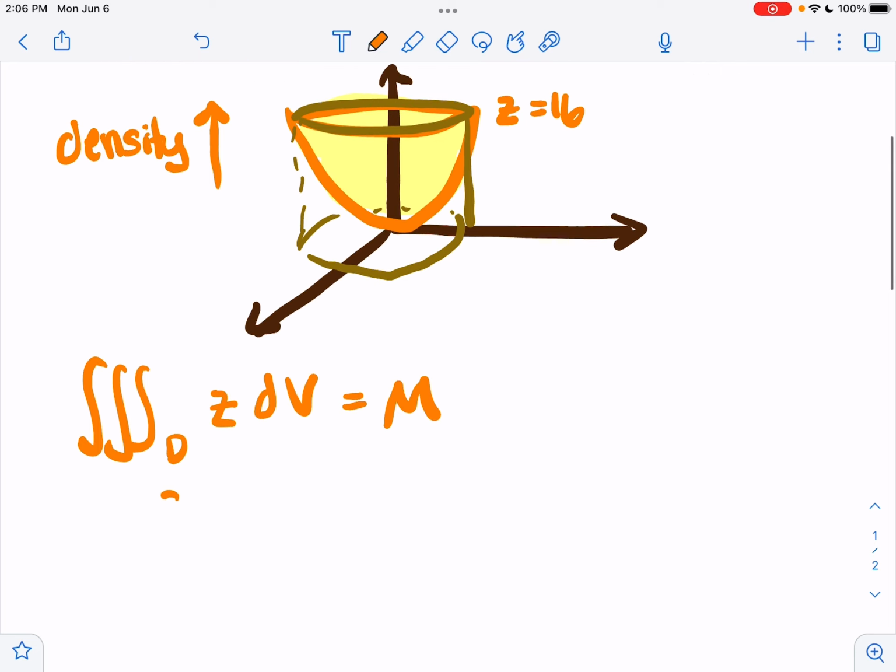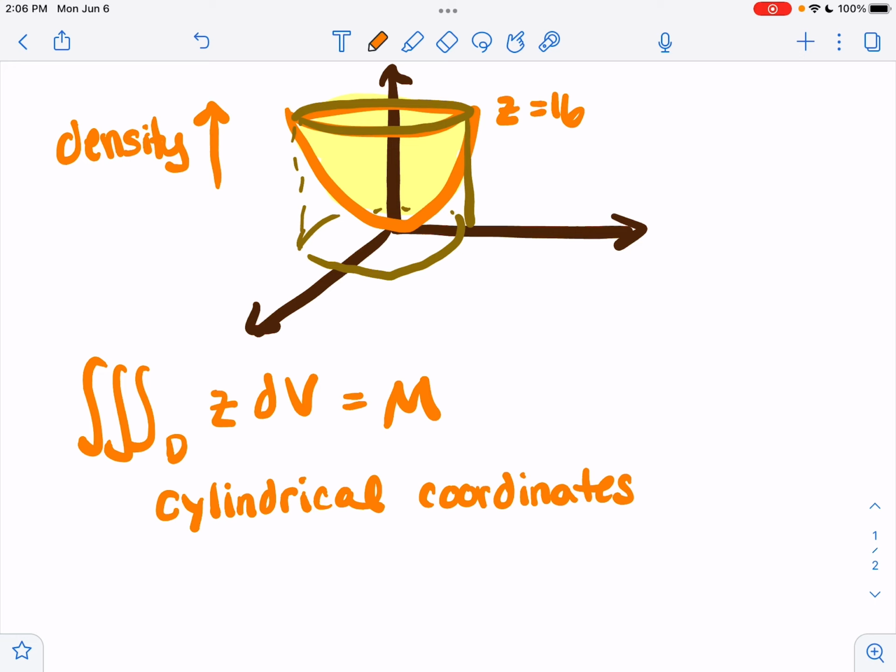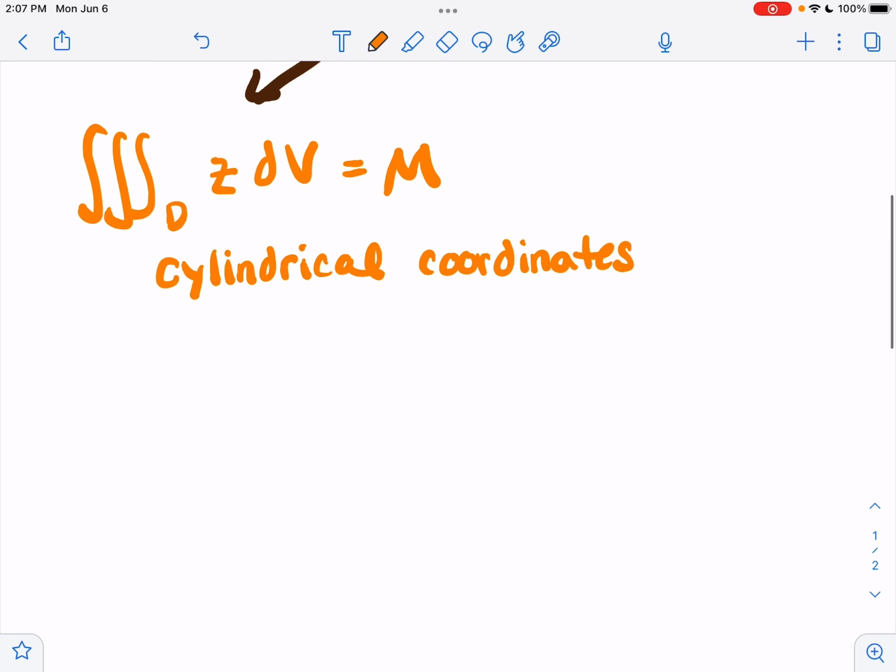This is probably something we want to do in cylindrical coordinates. Remember, cylindrical coordinates are polar coordinates in x and y with the z thrown in. So a circle down there in x and y would lend itself well to polar coordinates, and anything that would look good in polar coordinates for a double integral is going to be good for cylindrical coordinates in a triple integral. So we'll use cylindrical coordinates.